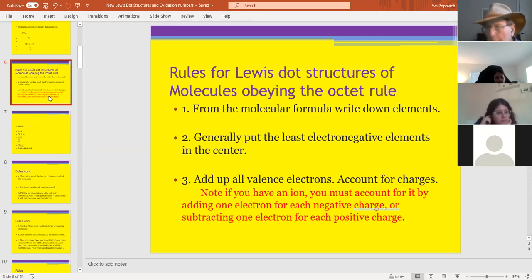There is a reason for that, and that has to do with formal charges that I will get into later. Then add up all the valence electrons. You have to account for charges.